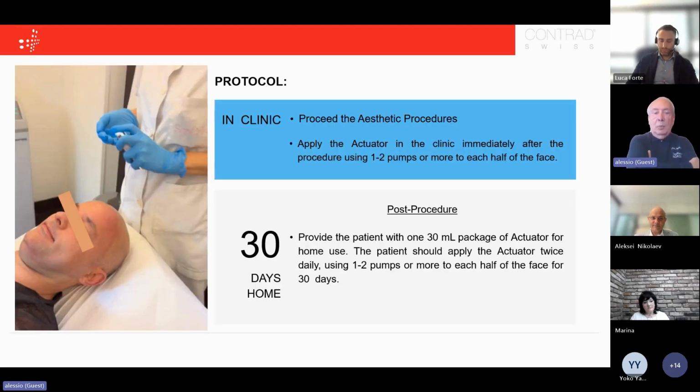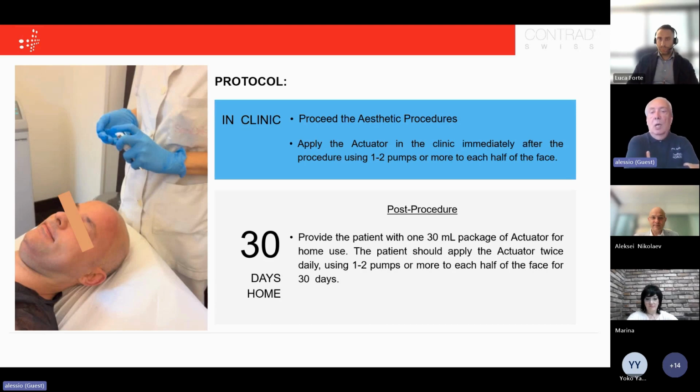This is the protocol that we suggest and that we used in my patient. We suggest you give the patient the prescription, or you give the Activate Skin Actuator directly, immediately after. I have mine in my clinic, but you can give it to the patients.